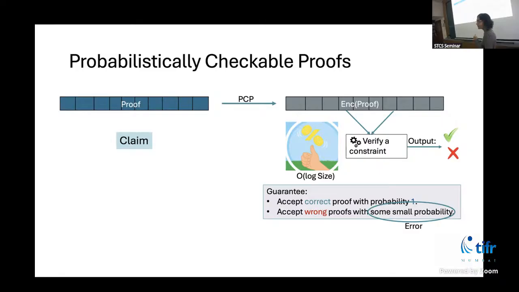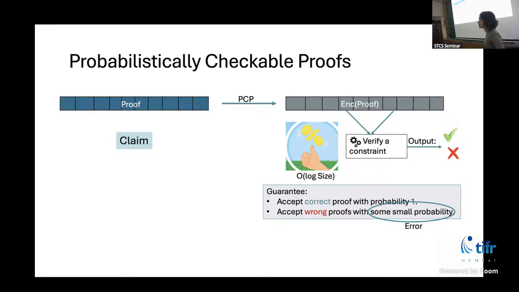So if the claim is wrong, then there is nothing that the prover can give that will make you accept with overwhelming probability. Correct. The prover is giving the encoded proof, or the purported encoded proof. Yes. The first guarantee is only for claims that are true.